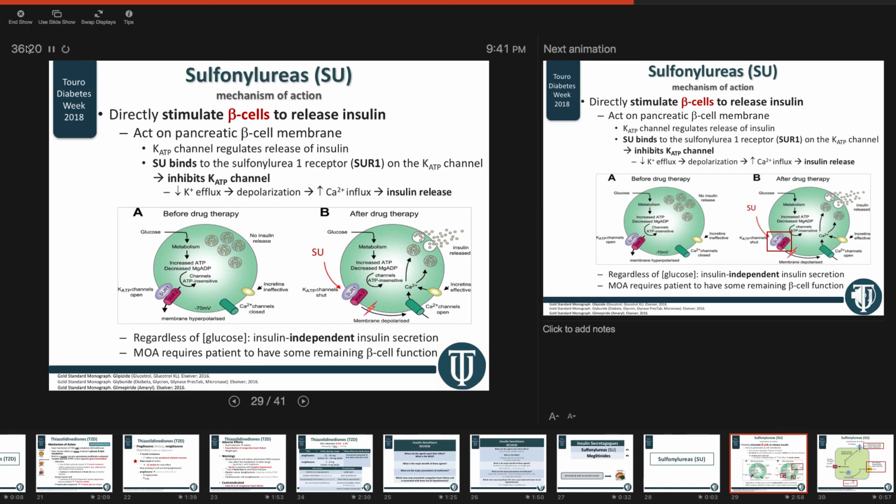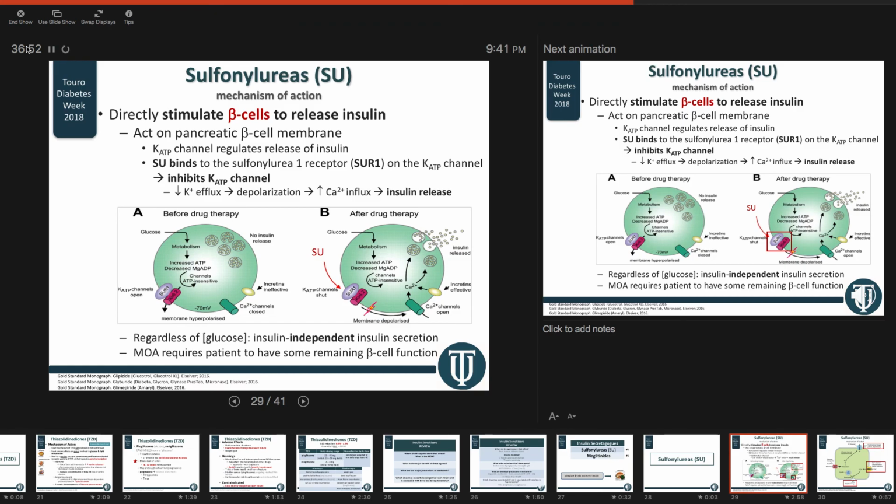Once the sulfonylurea binds to the potassium channel, we will see a decrease in potassium going out of the cell. With less potassium ions going out, we will have depolarization. And with depolarization, we'll have more calcium ions coming into the cell.